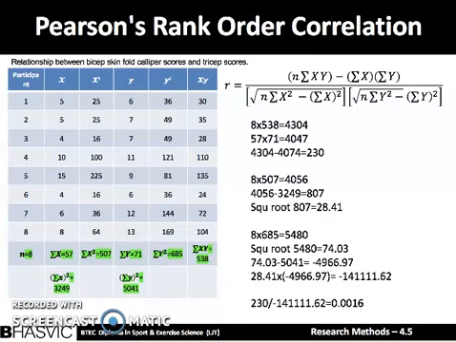And then I'm going to do the other half of that top bit, which is 57 multiplied by 71, as 57 is the sum of X and 71 is the sum of Y, and that results in 4,047. So the top half of the equation is the first bracket minus the second pair of brackets, so that's 4,304 minus 4,074, which equals 230. So that's the top half of the equation complete.